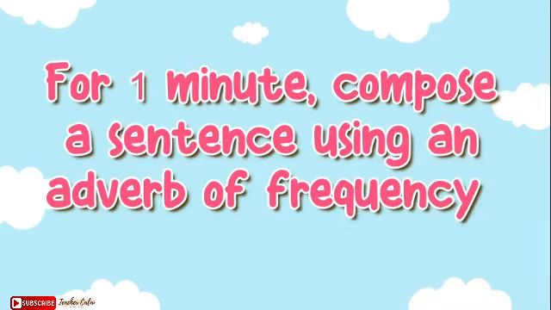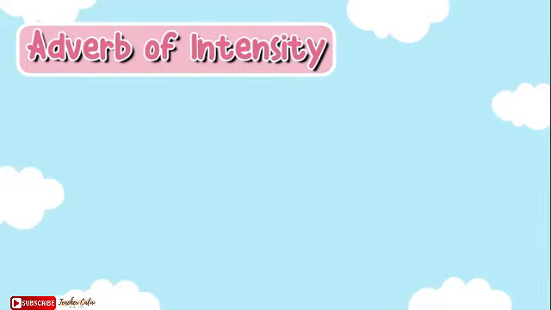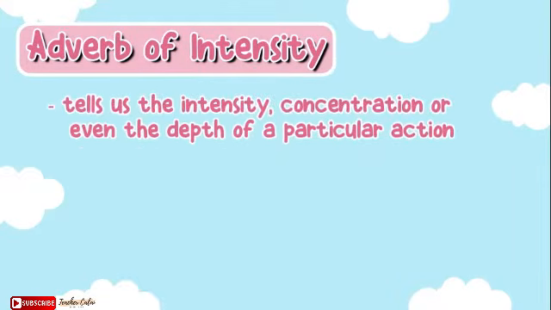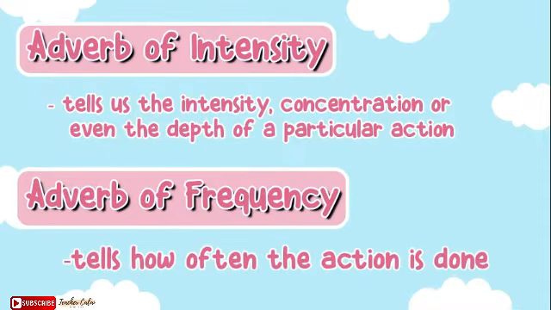For 1 minute, compose a sentence using an adverb of frequency. Ready? For recap, adverb of intensity tells us the intensity, concentration, or even the depth of a particular action. And an adverb of frequency tells us how often the action is done.